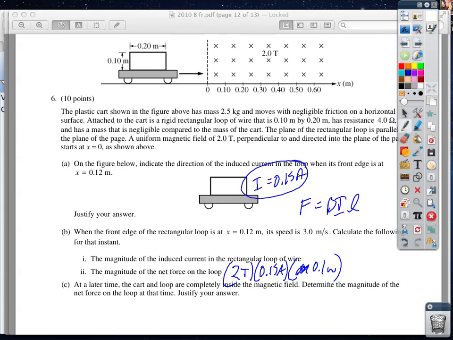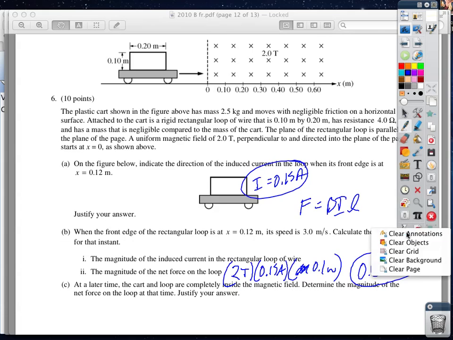So that becomes 0.03. Because this would be 0.3, then times that means 0.03. And that's going to be newtons.